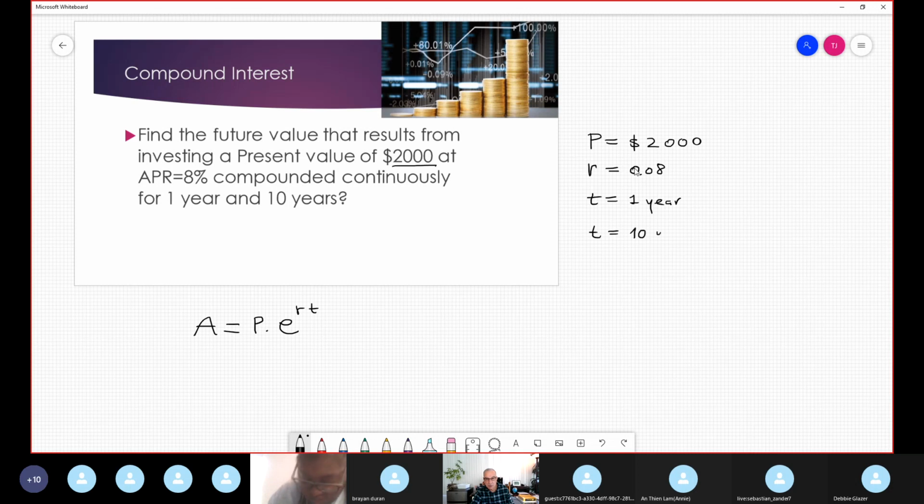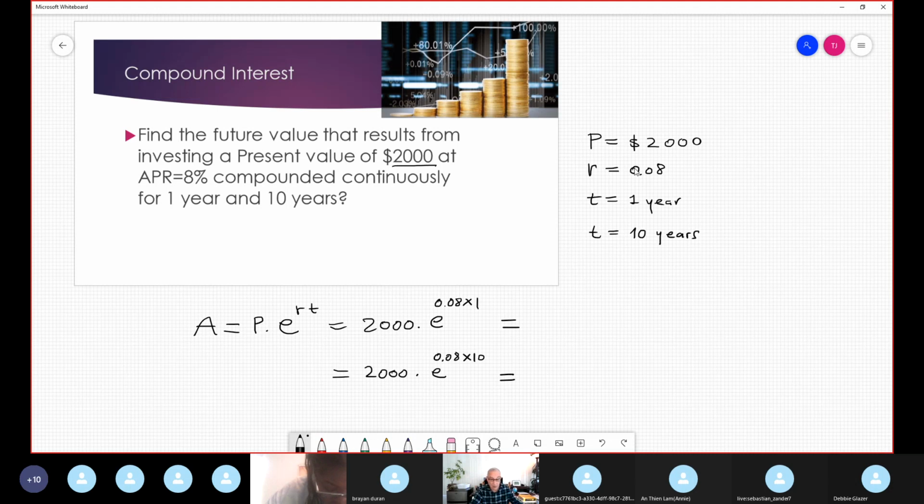So we need to repeat the computation 2 times, but it's the same formula. So 2,000 times e raised to the 0.08 times 1 is the first one. And the second is 2,000 times e to the 0.08 times 10. And I suppose that in 10 years we have more money.